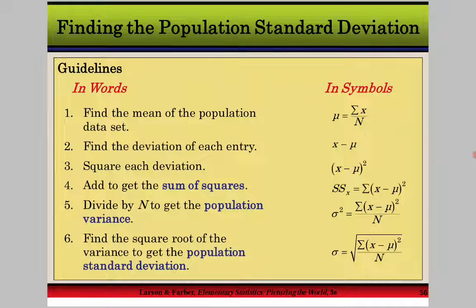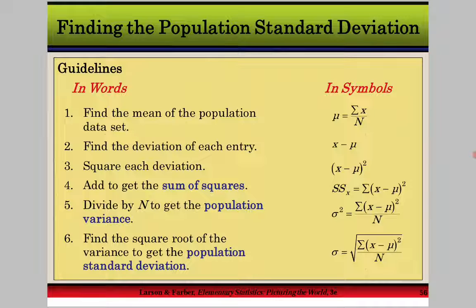Third step is to square each deviation, that is, we find x minus mu whole square. Fourth step is to add to get the sum of squares, that is, sigma of x minus mu whole square, meaning we add all the values of x minus mu whole squares.